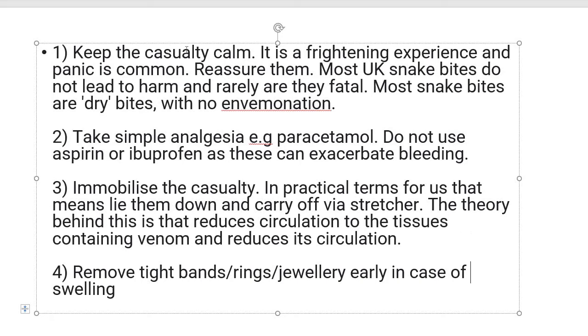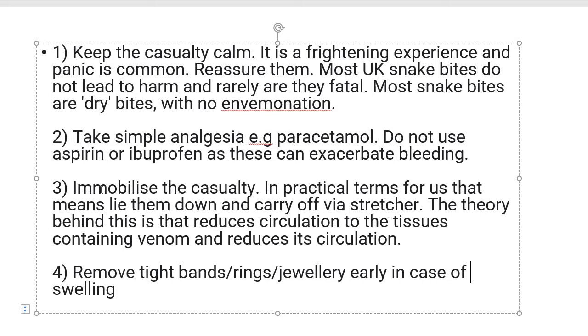And then what's really quite an important point, and this isn't specific to snake bites per se, is that any limb that gets injured, whether it be an arm or a leg, the injury itself is going to put the body at a relatively high risk of causing swelling in that limb.